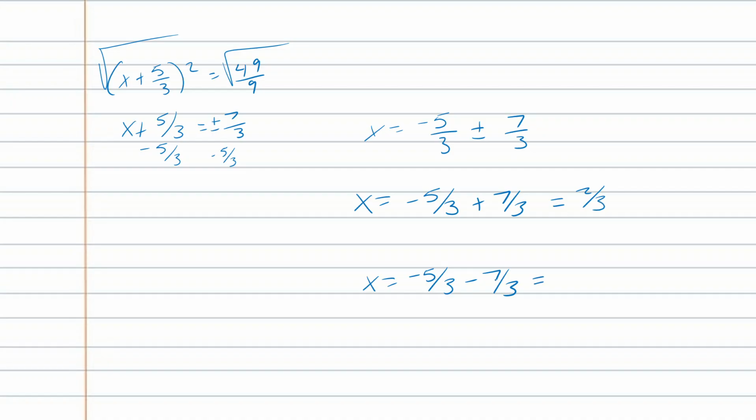This one looks like, let's see, negative 5 and negative 7 should add to give you negative 12. Negative 12 divided by 3 is negative 4. So it gives you 2/3 and negative 4. And we have solved it by completing the square.